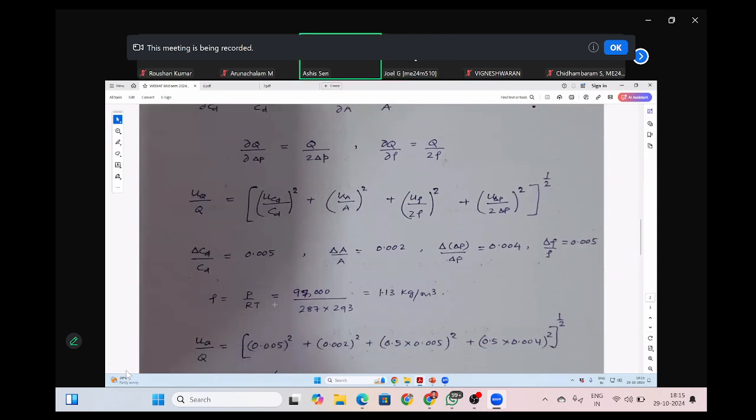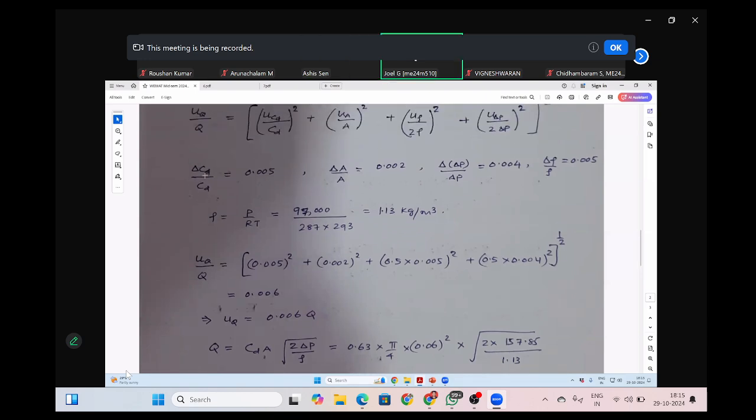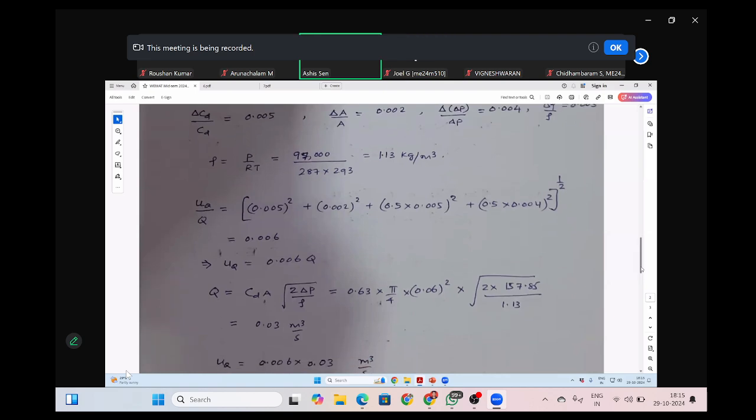In any way you do, finally the answer should match. Understood. So the CD value we can take as 0.63 itself, right? Yeah, from the question. Okay. So if your calculations are correct, it will yield the same result.